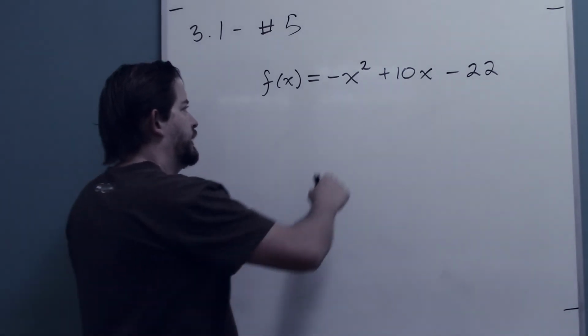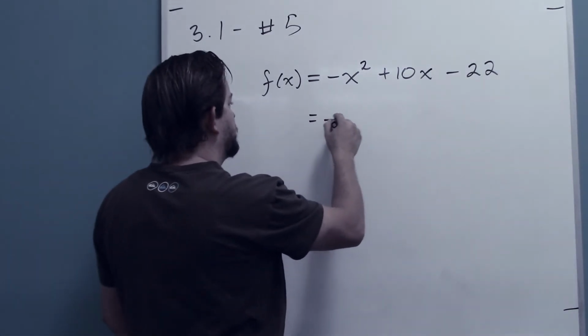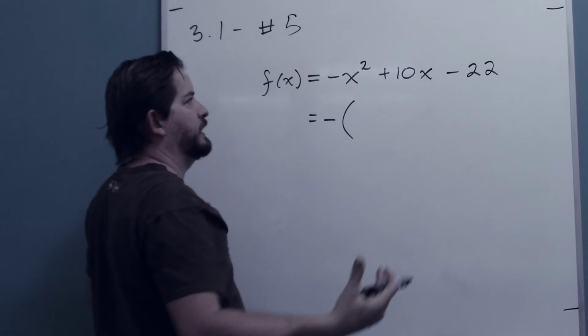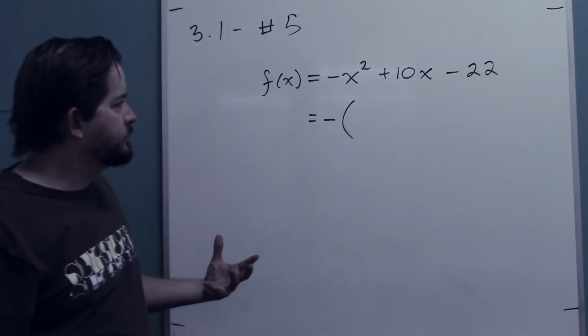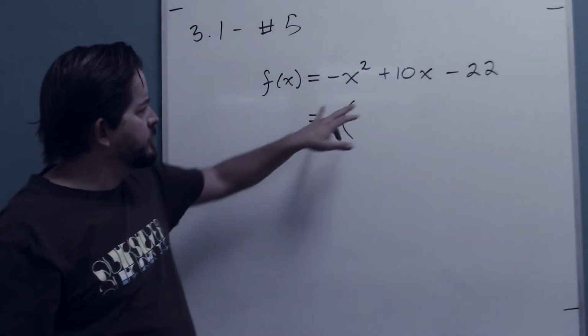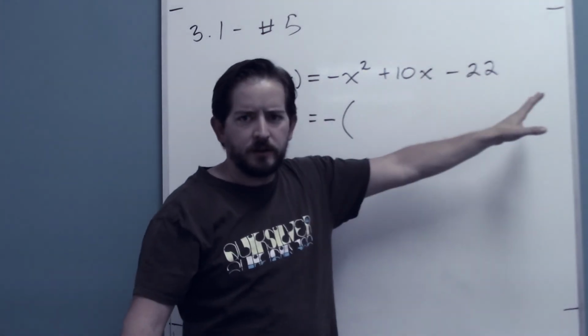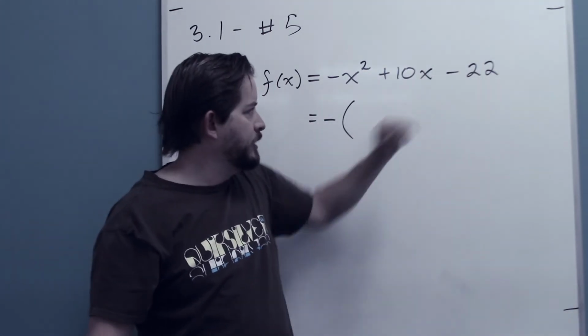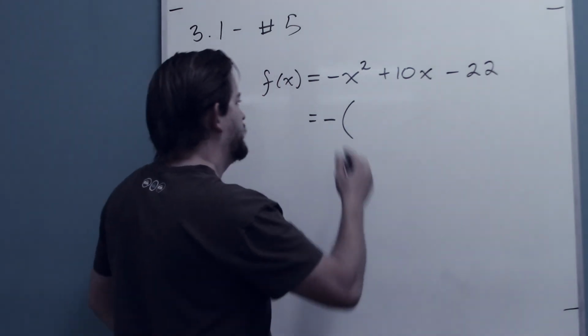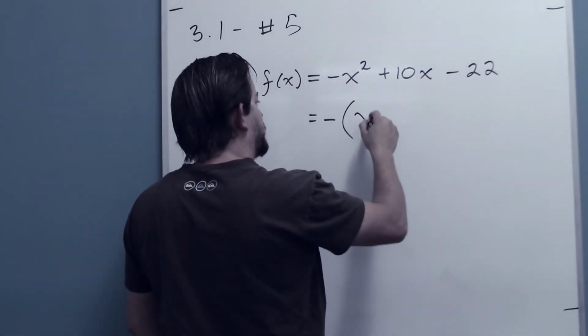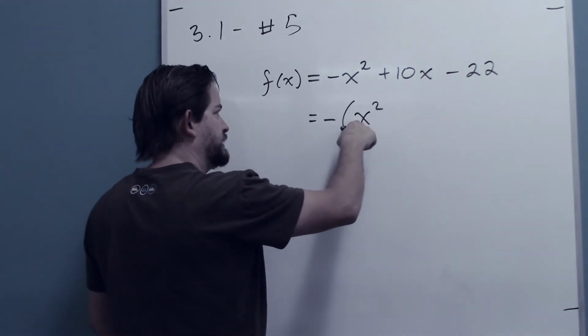Right? So what I really want to do is factor that negative out, and I'm going to factor it out of everything. Really, in fact, I'm just going to factor it out of these first two terms, because this 22, I just kind of want it to go away until I figure out what number I want in its place. So if I factor a negative out, this x squared now is just a positive inside here.